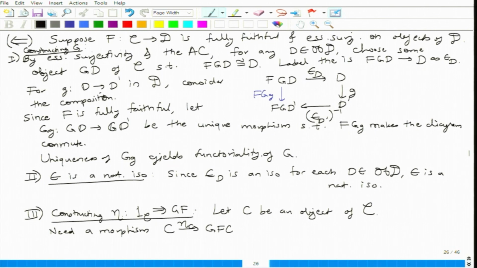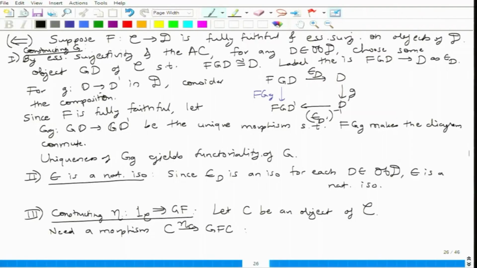Here is a common trick that we use here. If composition of two functors in opposite direction is not sufficient, then try to use composition of three functors instead of just two. What do we have? Exactly. Yeah, we already know this morphism FC to FGFC.